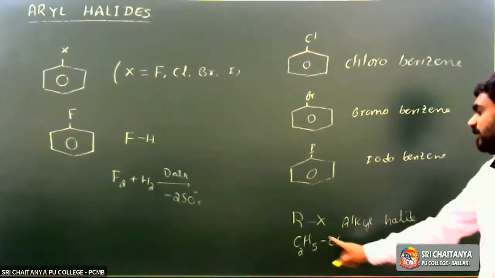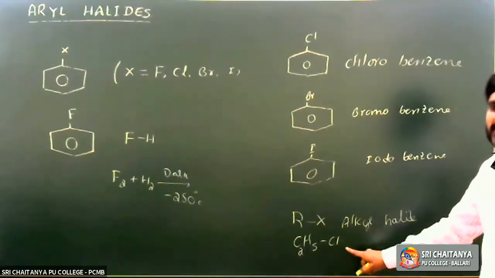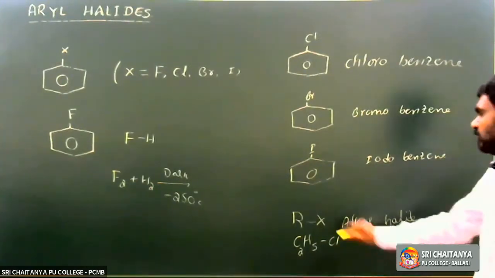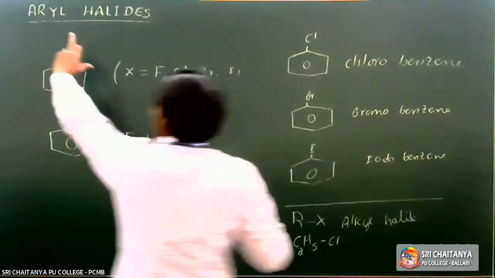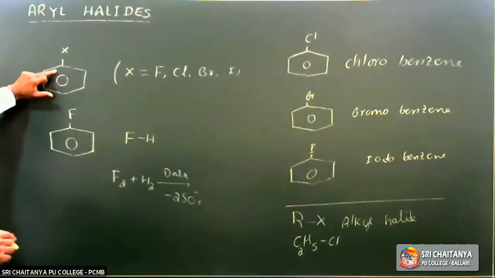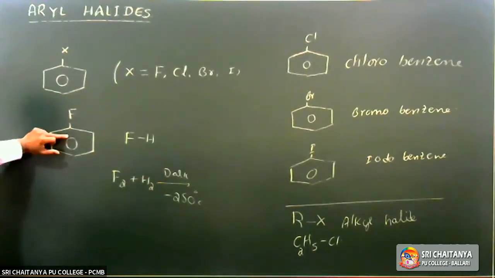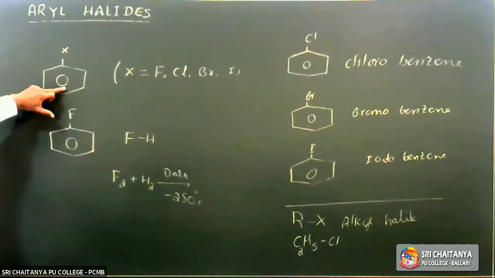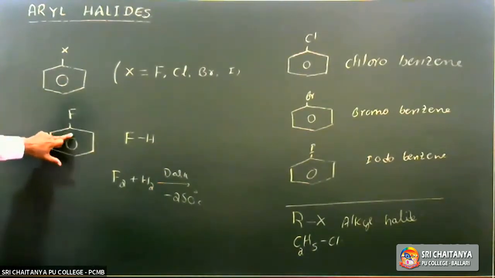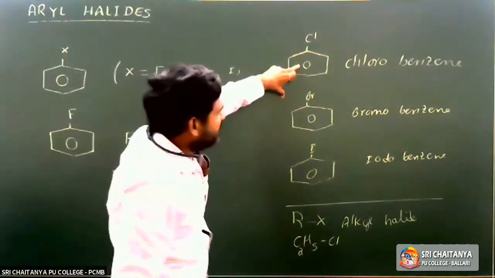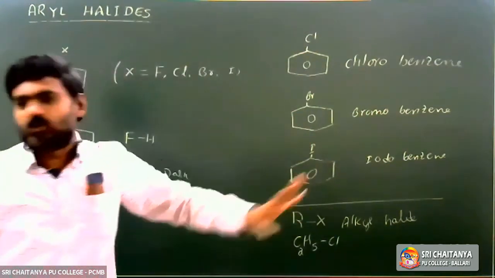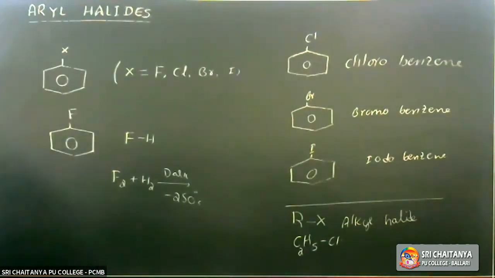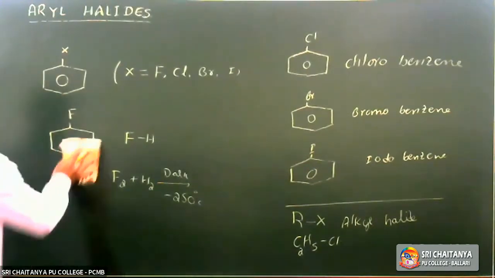Methods of preparation and properties of ethyl chloride are already completed. These are alkyl halides. These are aryl halides, where aryl means benzene, an aromatic compound, and benzene is the parent compound: fluorobenzene, chlorobenzene, bromobenzene, iodobenzene.